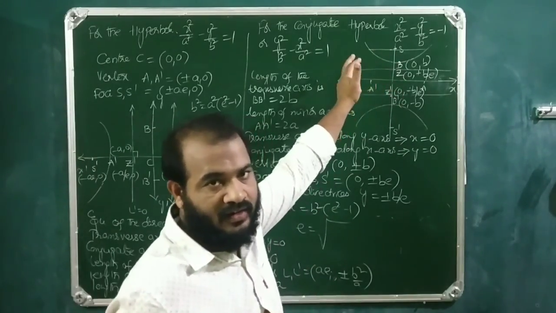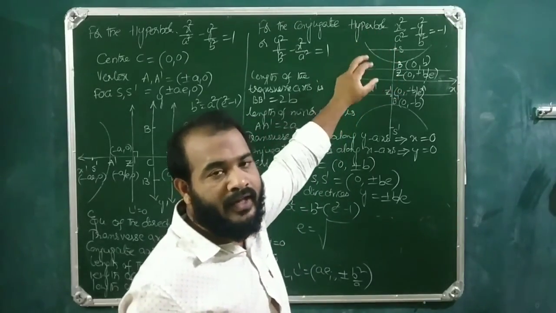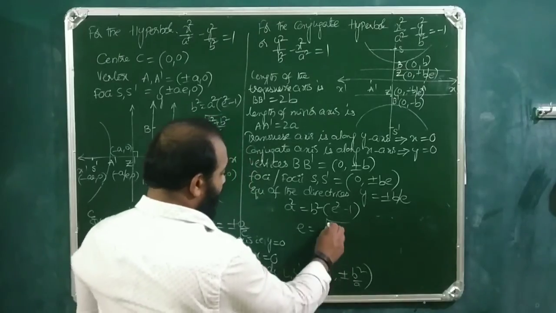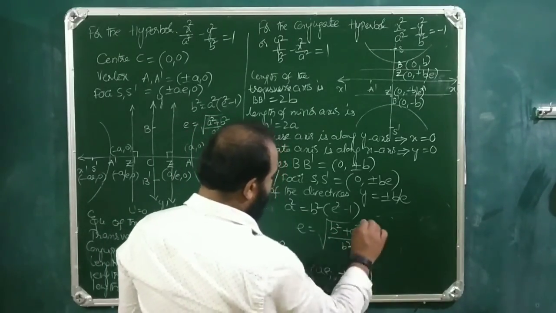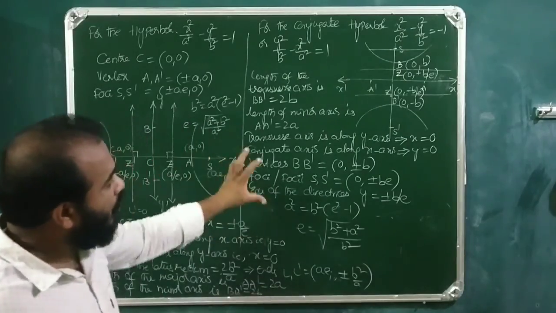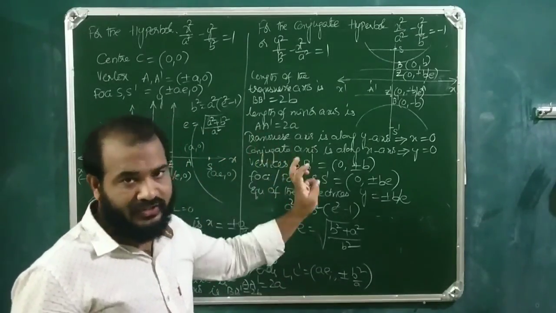B is greater here. The length of the transverse axis is 2b. So e is equal to the square root of b square plus a square by b square. So these are the two hyperbolas whose center is at the origin.